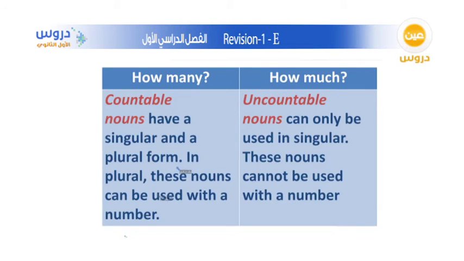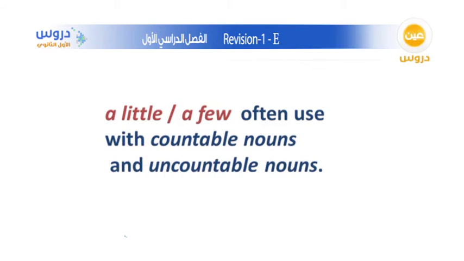Whereas because is used to show the cause of an action. So pay attention to these two words. So is used to show the results of an action, whereas because is used to show the cause of an action. All right? Let's have some examples.